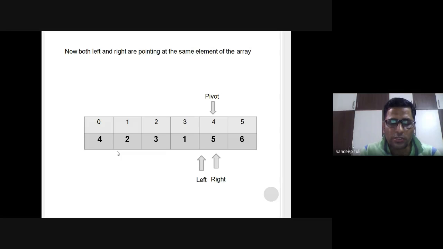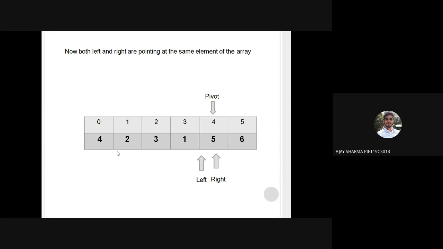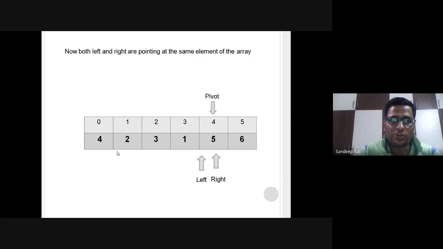If you are choosing the pivot element as the leftmost element, then we need to start from the right. If you are choosing the pivot element as the rightmost element, then we can start from the left. It varies according to the position of the pivot element. Whatever element you have chosen as the pivot decides from where you need to start, right to left or left to right.